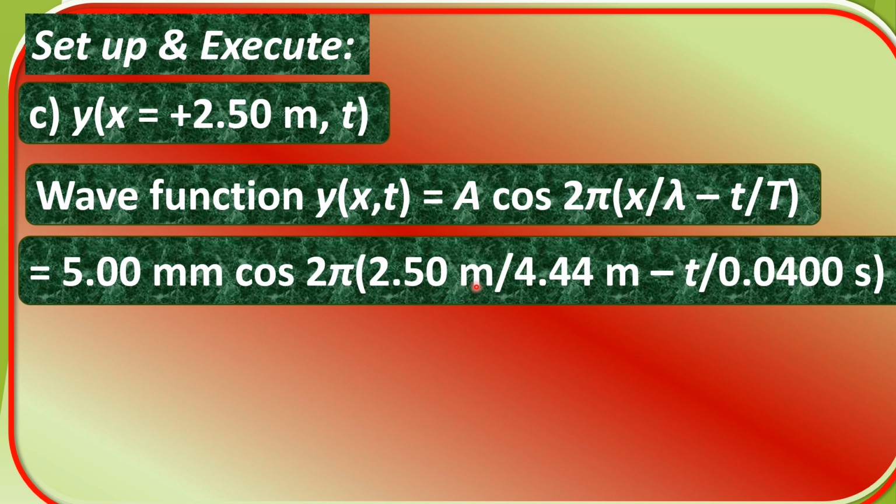So the result of dividing this value for x and the lambda will be reduced by the ratio of the time t to the period, that is 0.0400 seconds, before we multiply the result to cosine 2 pi, and of course to the given amplitude 5.00 millimeters.